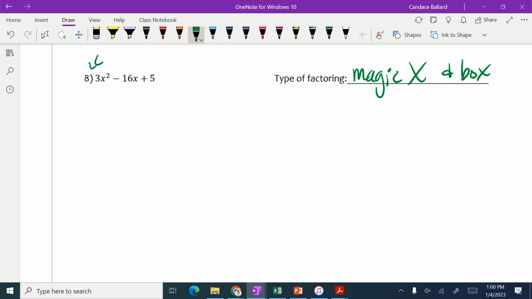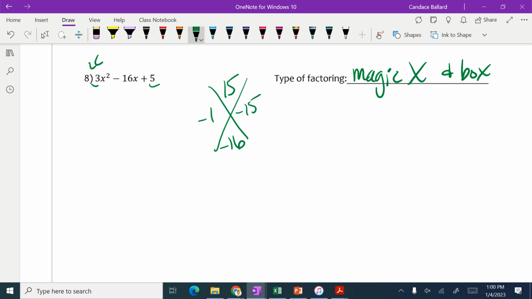All right, so what do I get in the top part of my Magic X? 15, because I'm multiplying 3 times 5. What goes in the bottom part? Good. Here's the one that trips people up because they don't remember to look for it. What multiplies to 15 and adds to negative 16?